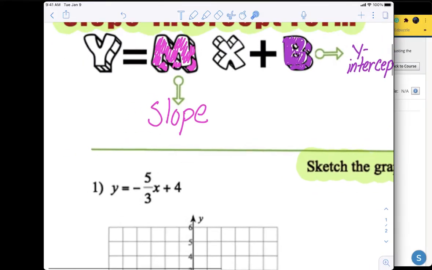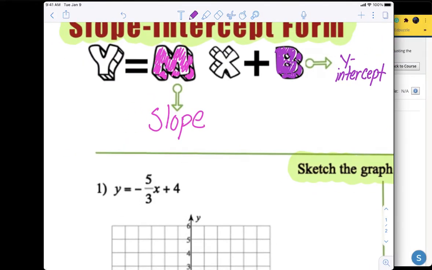So our slope here is in pink. This is my slope. It's between the y equals and the x. That's my slope. And in purple is our y-intercept, at the end of the equation.